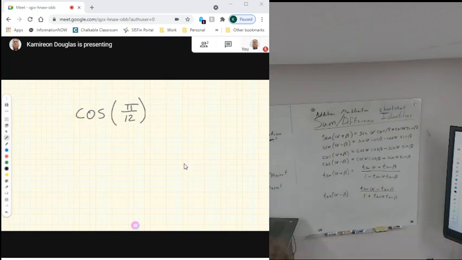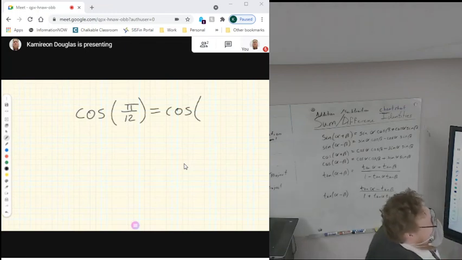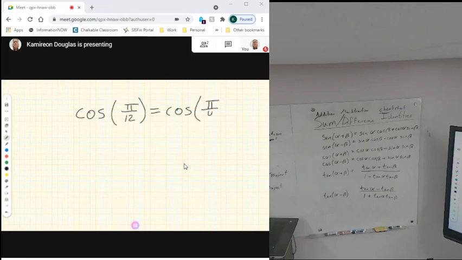Now, fraction math is one of those things that people who have it usually have a pretty easy time with, and they don't tend to struggle a lot with it. So, this one, my two values are going to be cosine of, and if you've already converted it to degrees, you probably already know what the two numbers are. In this case, it would be pi over 4 minus pi over 6.